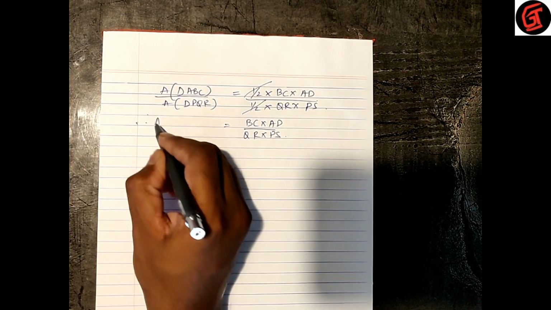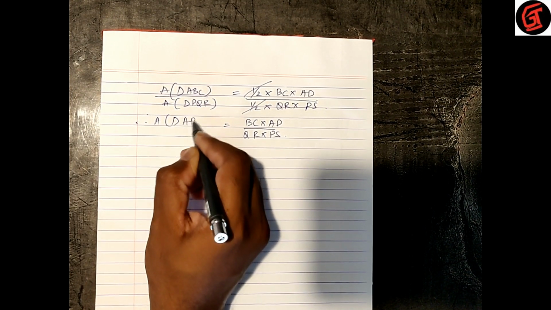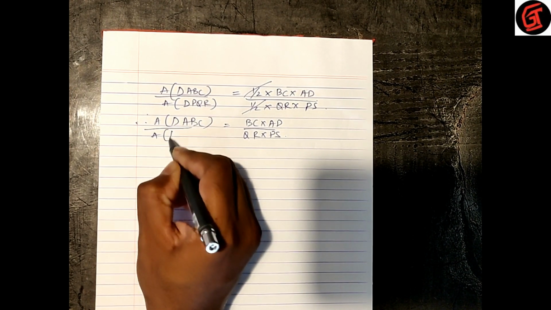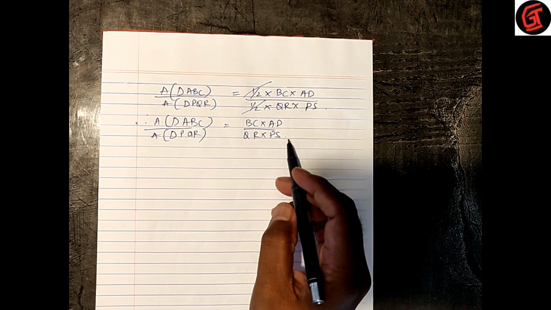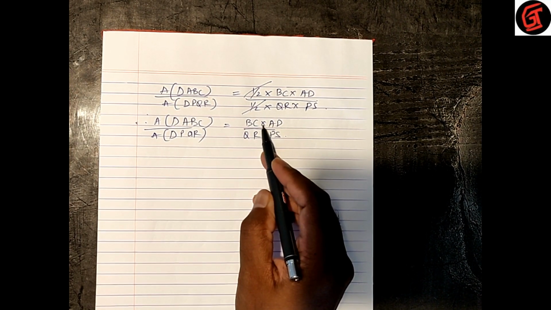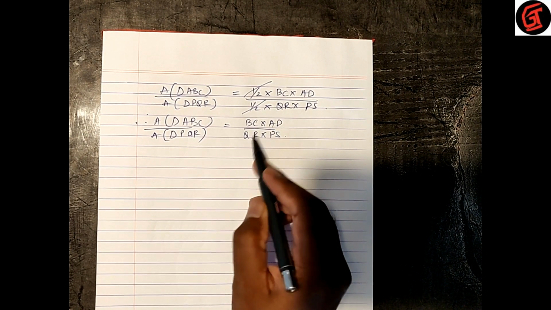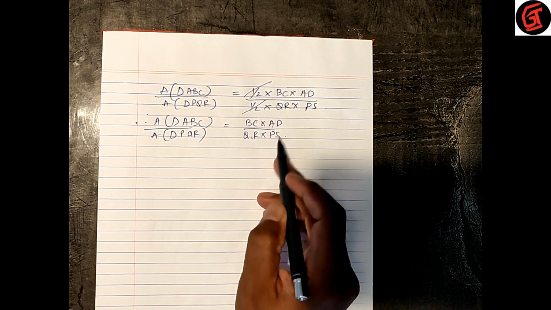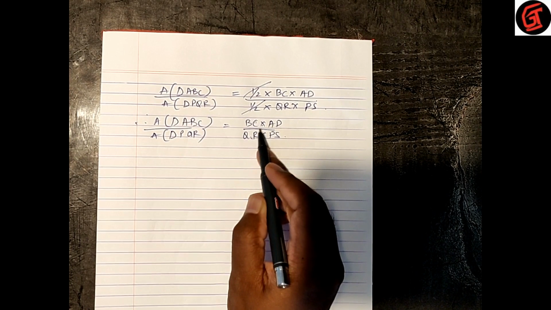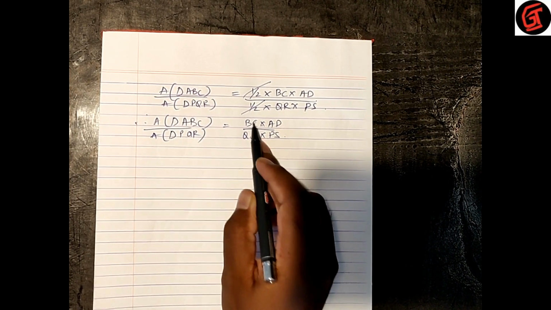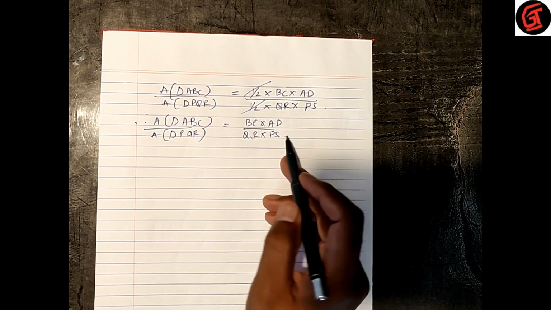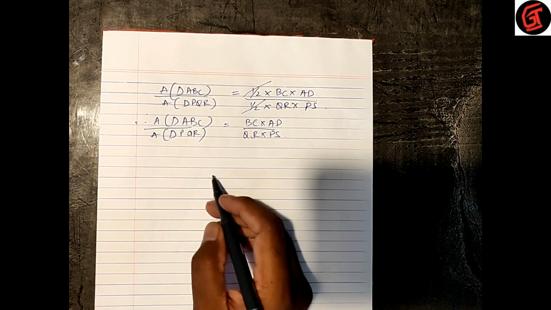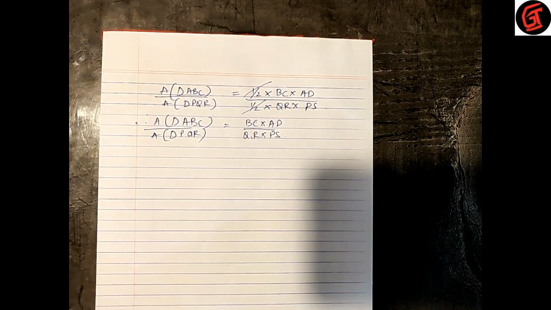Hence we can prove that the ratio of areas of two triangles is equal to the ratio of the product of their bases and corresponding height. Is this clear?